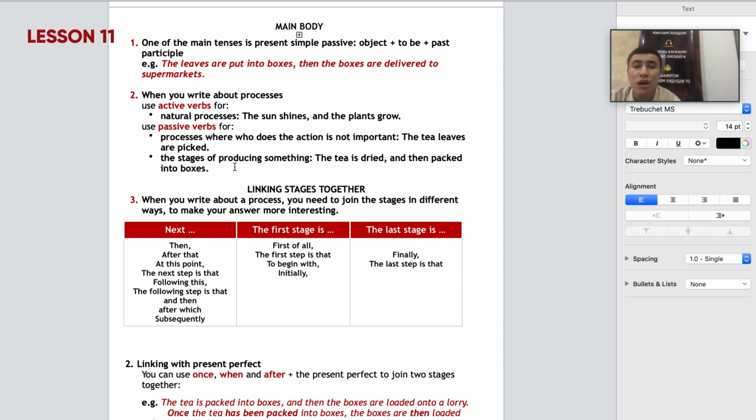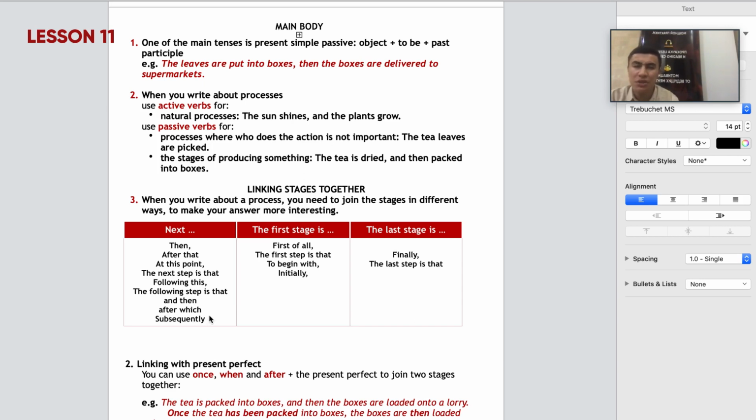Now we'll talk about linking stages together. When you talk about a certain step and moving to the next one, you will use the word next a lot. And here you have very good words and phrases that you can use to make your report more colorful and interesting. Instead of saying next all the time, you can use then, after that, at this point, the next step is that, following this, the following step is that, and then, after which, or subsequently.